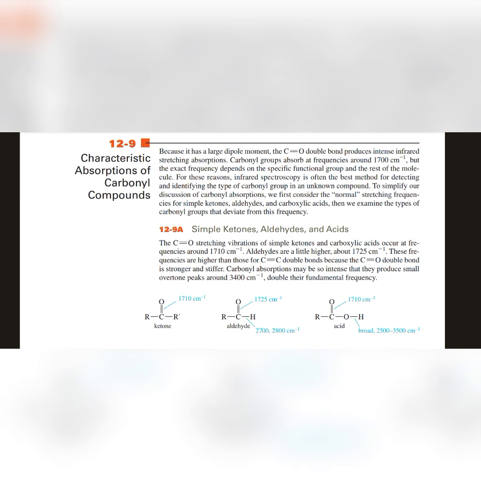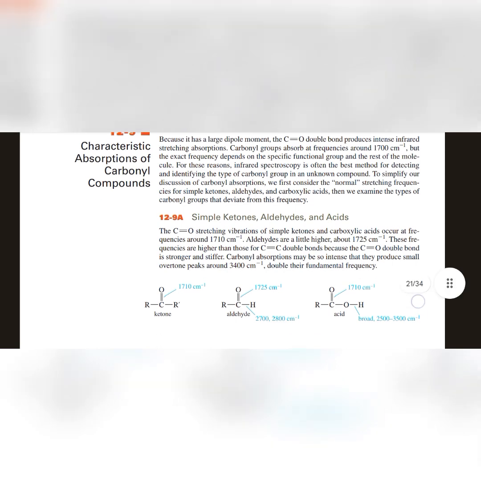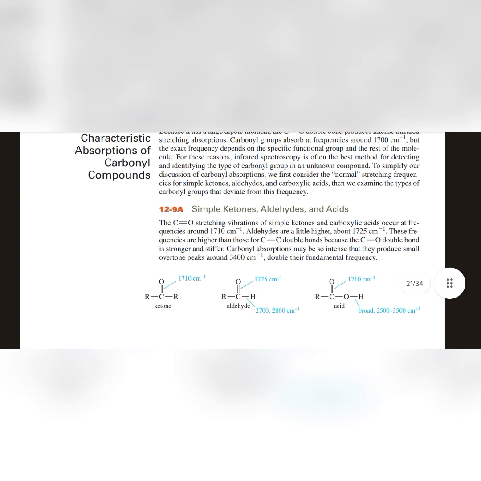To simplify our discussion of carbonyl absorption, we first consider the normal stretching frequencies for simple ketone, aldehyde, and carboxylic acid. We examine the type of carbonyl group derived from the frequency.